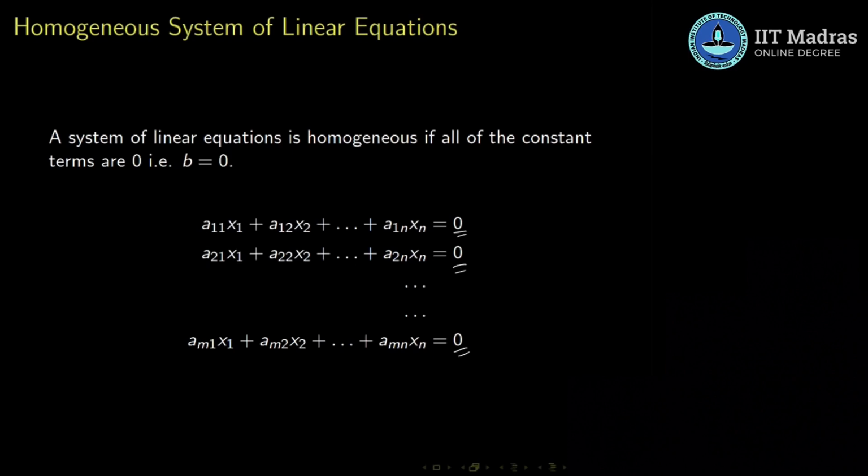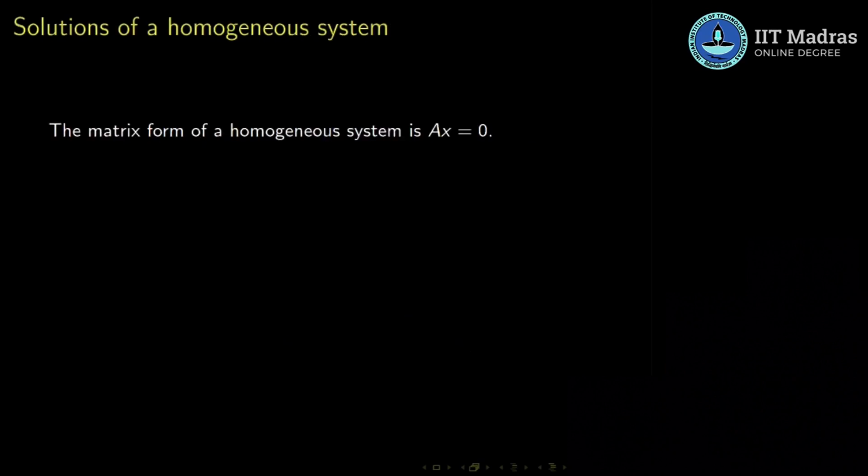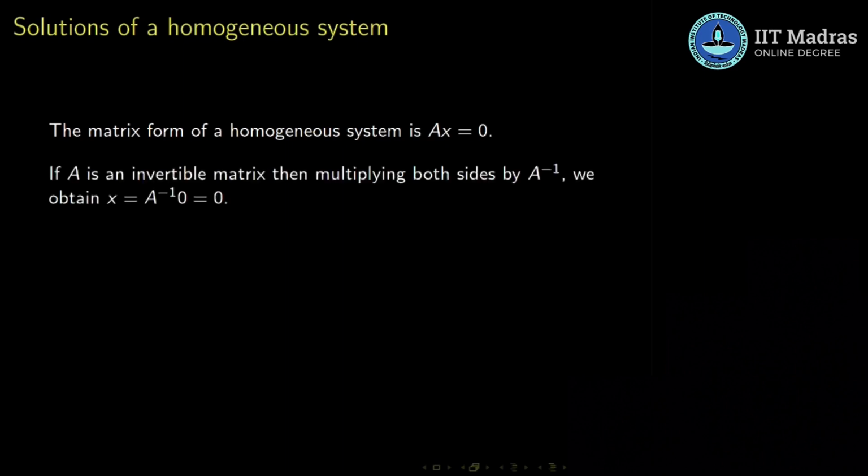Now, if you have a homogeneous system of linear equations, the matrix form is Ax equals 0, and A is square. If A is an invertible matrix, then we know exactly what the solution is. It is A inverse B, but B is 0 here.